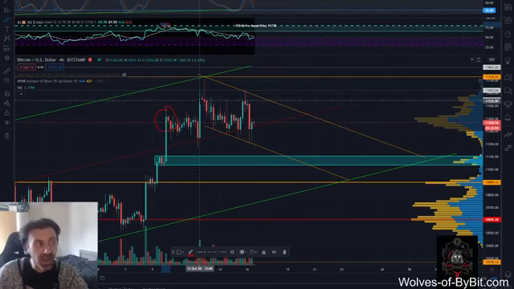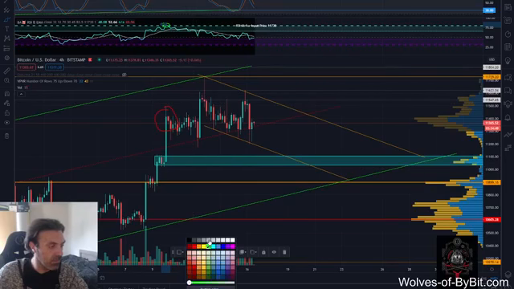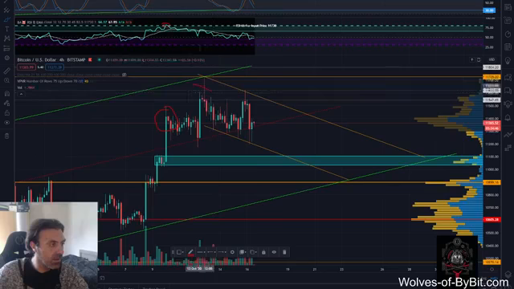Now the high of the formation is sitting here. Now let's take another color for this one. And this is this area here.